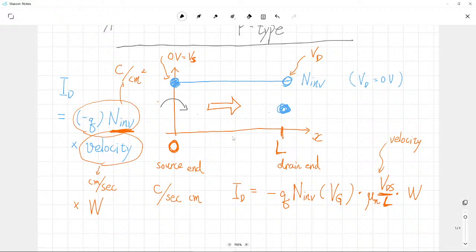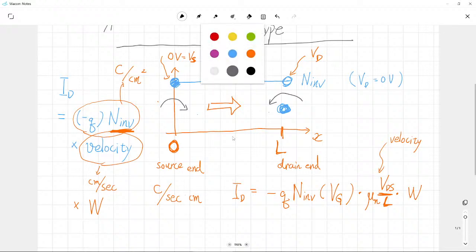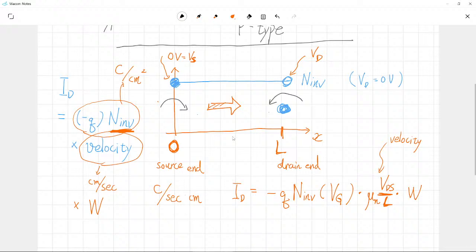And please think about it from the viewpoint of the drain. Then what will be the right direction for positive drain current? Yes, this direction is the positive one. And what we have calculated up to now is just the one heading in the positive x direction. But in order to really calculate the drain current, we have to take into account the negative x direction.